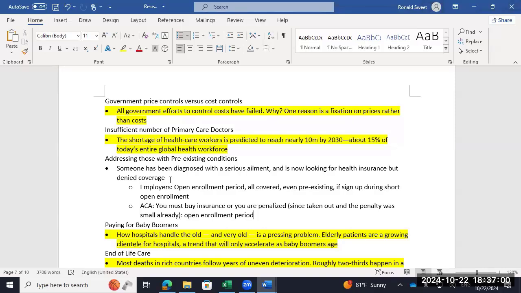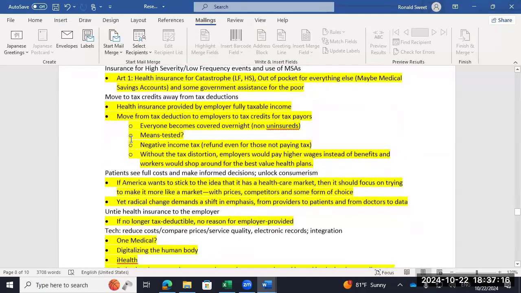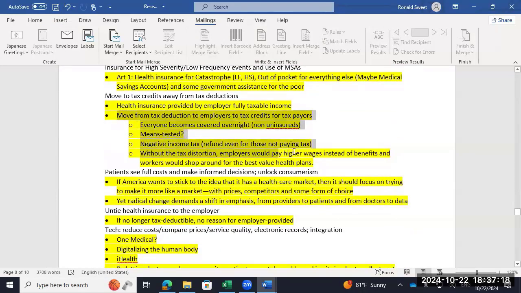So how do you handle pre-existing conditions? This open enrollment is the way employers and the ACA handle it. Here's my solution. You can like it or not like it. I think we talked about it already, but I'll talk about it again. We talked about moving to tax credits instead of tax deductions.